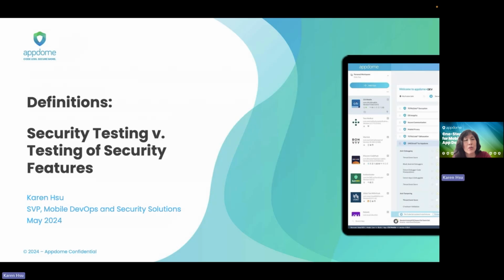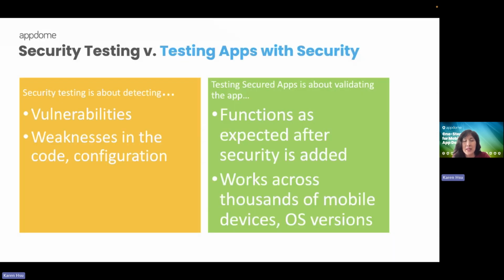So to start off with, what are the definitions? What is security testing versus testing of security features? So security testing is about detecting vulnerabilities in an app, identifying what the weaknesses are in the code or in the configuration. And there are a lot of companies that do this kind of testing. For mobile app security specifically, they'll be called MAST or mobile app security testing vendors.